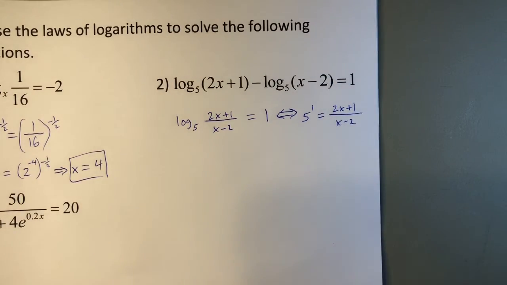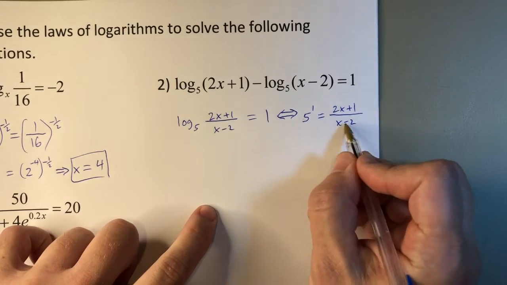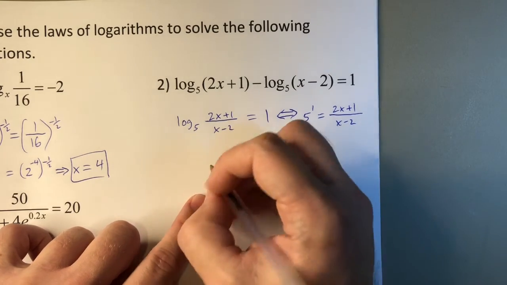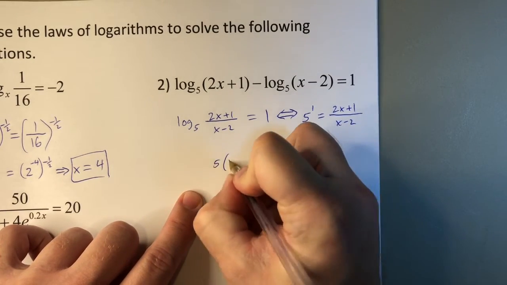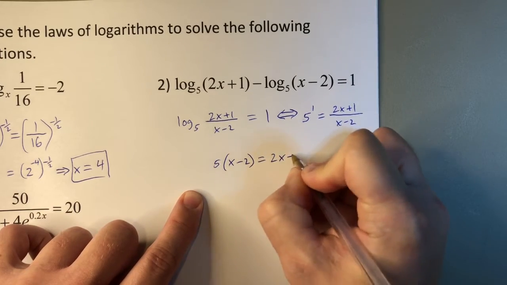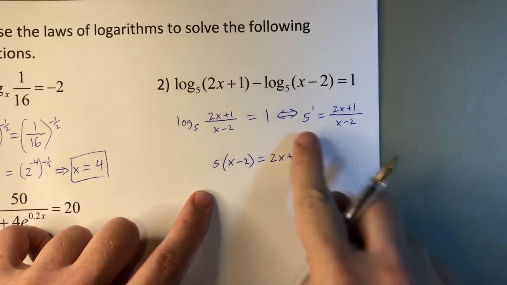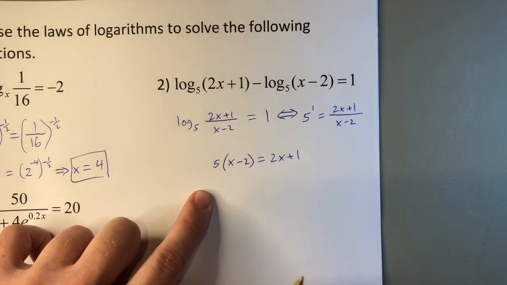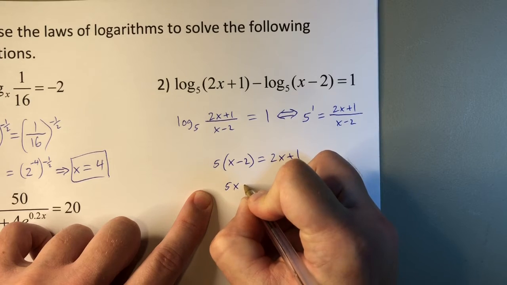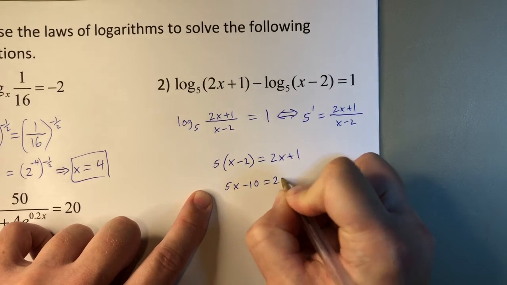Now we just have a basic equation, which I hope we could solve for x. So I'm going to multiply both sides of this equation by x minus 2. That's our LCD. So I'd get 5 times the quantity of x minus 2 equaling 2x plus 1. All right, I just multiplied both sides by x minus 2. And then I would get what? Distributing the 5 through would give us this.